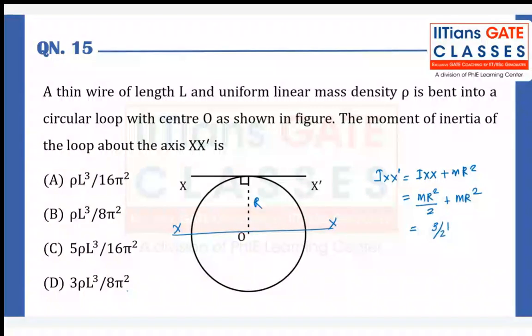So 1 plus 1 by 2 is 3 by 2. Mr square will be the moment of inertia about this axis xx dash. However, the answers are not in terms of the mass.